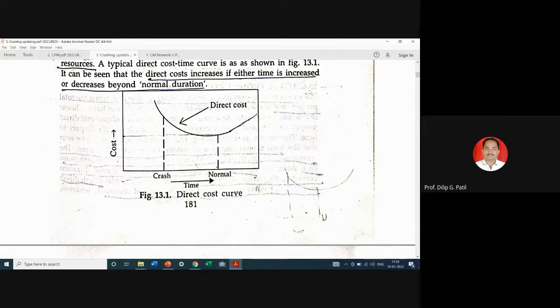Because if we see examples of civil engineering, particular casting of the slab or getting its 100% strength will require maybe 28 days.